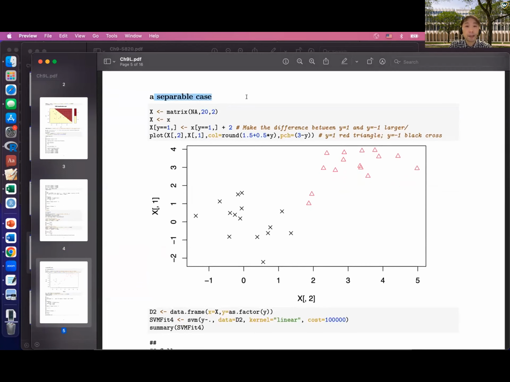This is just another example, with a separable case. In the last example, we had some overlap between the black crosses and red triangles. So I add another vector to move the red triangles to the upper right. Now it's linearly separable.